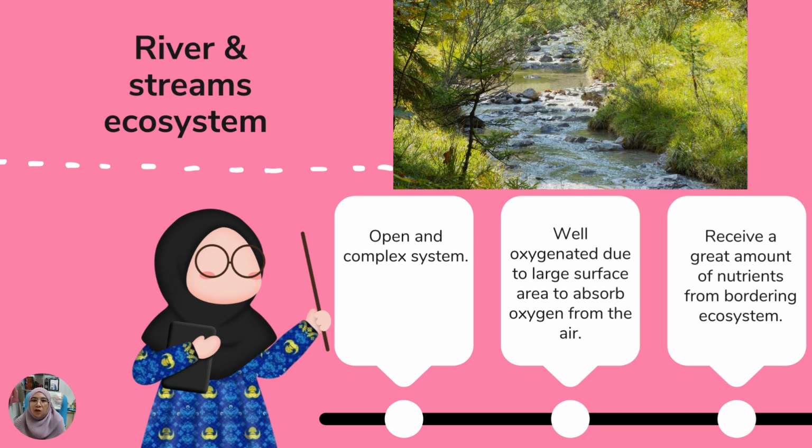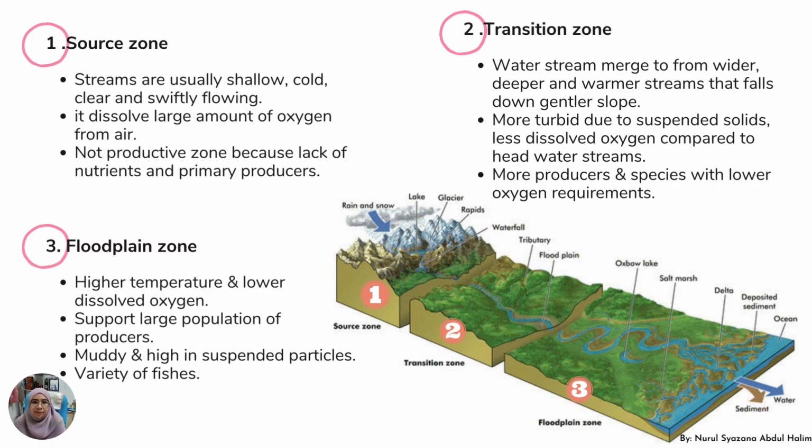Rivers and streams are complex ecosystems. Streams and rivers are generally well oxygenated due to their large surface area to absorb oxygen from the air. They also receive a great amount of nutrients from the terrestrial ecosystem.